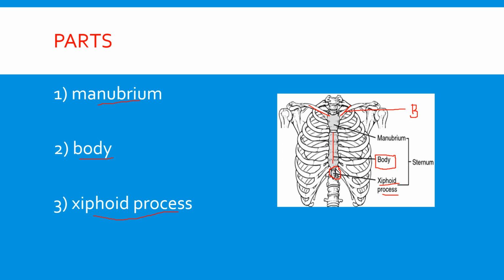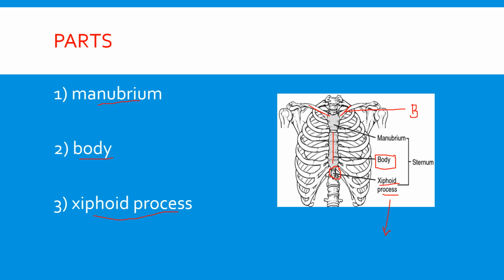Studying the xiphoid process, first of all, it is a cartilaginous section, meaning it is made up of cartilage, present at the lower end of the sternum, as you can see in this diagram. It is not attached to the ribs. An important property of the xiphoid process is that it gradually ossifies during adult life.